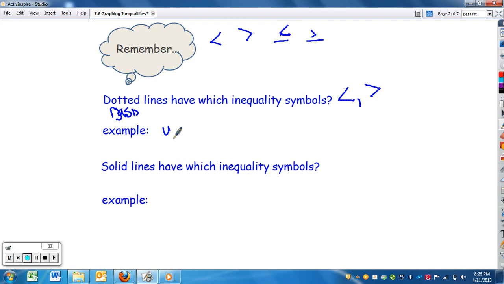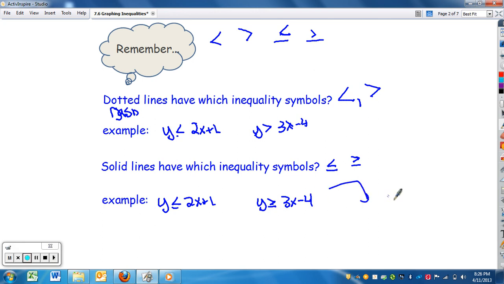So for example, when we did this in Unit 1, we could have had y is less than 2x, or y is greater than 3x minus 4. Solid lines have which inequality symbol? The less than or equal to and greater than or equal to. So we could have y is less than or equal to 2x plus 1, or y is greater than or equal to 3x minus 4.